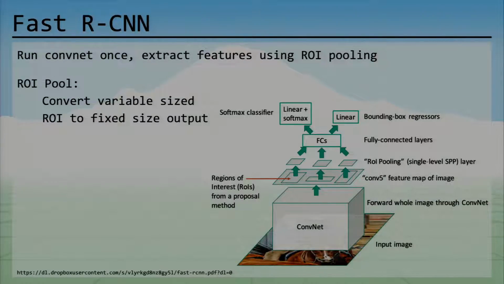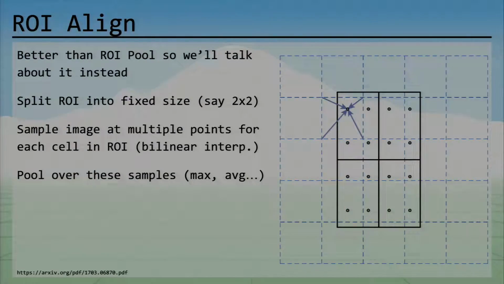ROI pooling is one way of doing this, but it's been subsumed in the last year by a different method that's very similar, called ROI align, which you can think of as an extension of region of interest pooling, and equivalent in terms of the amount of computation needed.